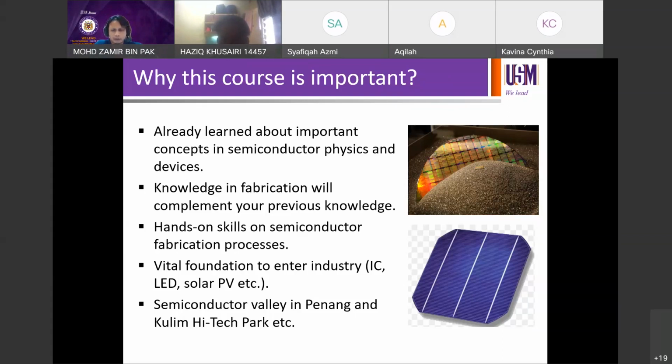This course gives hands-on skill on semiconductor fabrication processes, and you're going to learn the vital foundation to enter industry in terms of the processing, on top of your device physics knowledge. Whatever you learn in this course is going to be applicable for some other industries as well, like solar cells, LEDs, SSDs. So we have plenty of different industries in Penang alone, right? If you look at Penang, Batu Kawan, Island, Prai, Kulim High Tech, we have plenty of different industries, different companies, MNCs, locals that you can choose from if you want to, right?